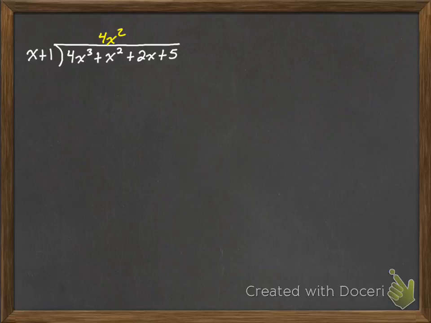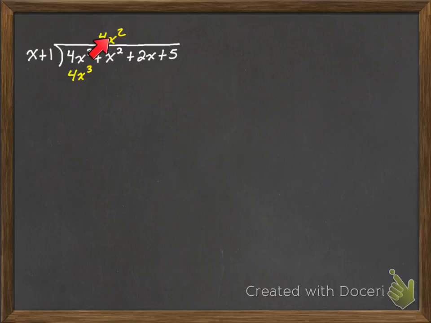Now the next thing we need to do is figure out what goes right here underneath. We get that by multiplying this times this up here. So we're going to multiply 4x squared times the x, which is 4x cubed.